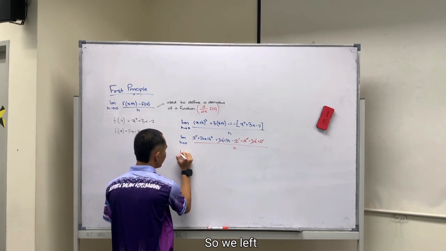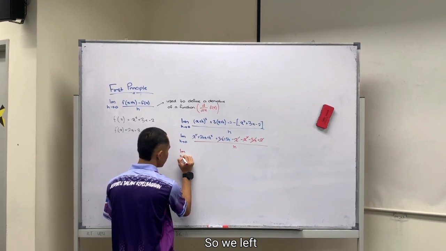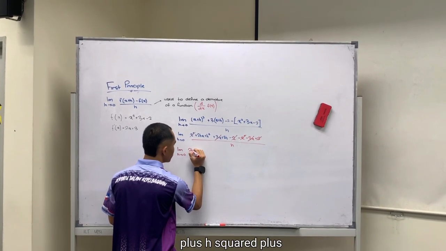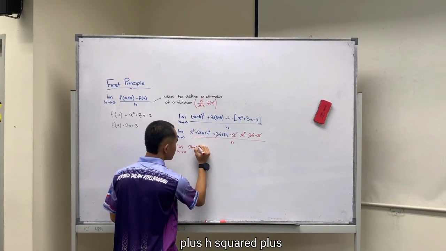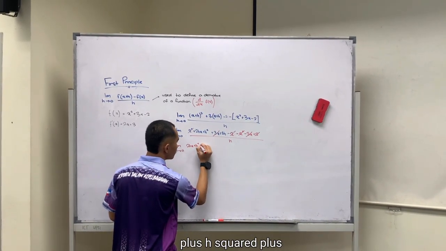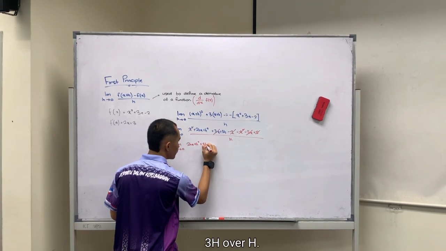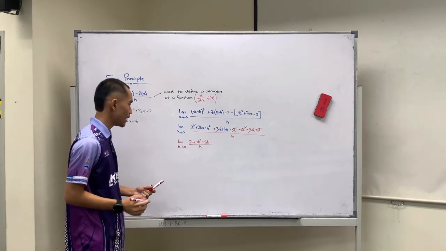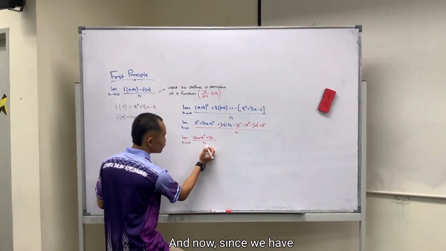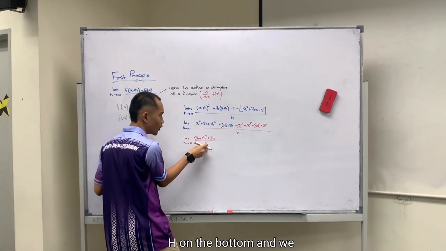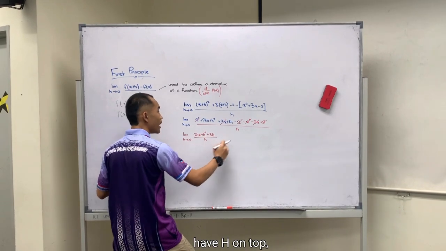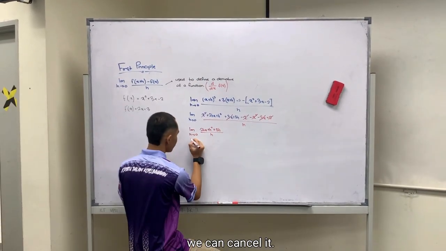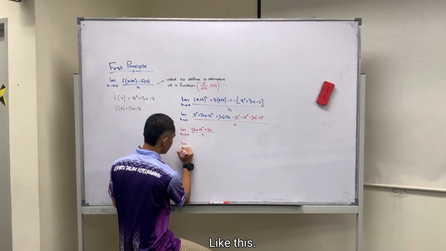So we are left with 2hx plus h squared plus 3h over h. And now, since we have h on the bottom and h on top, we can cancel it like this.